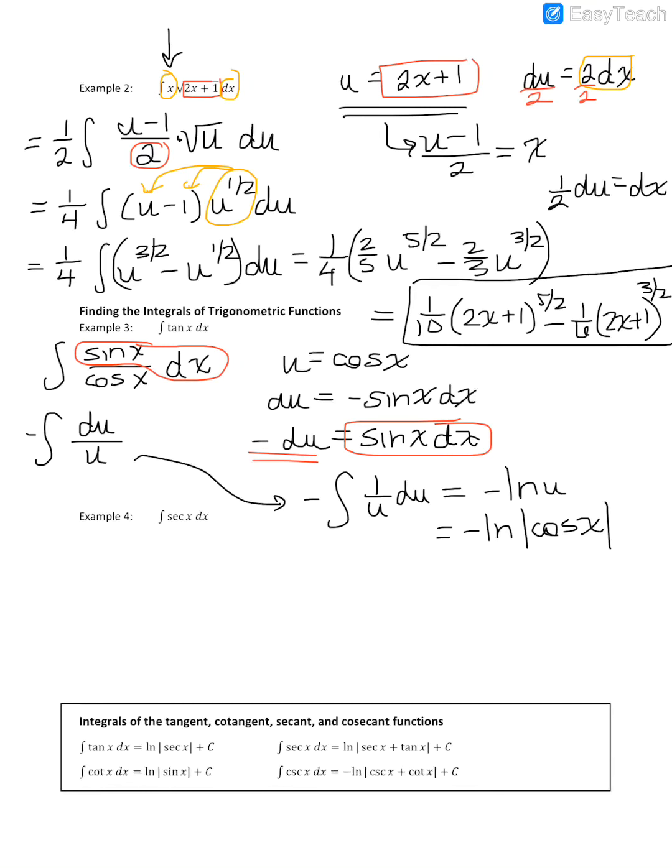And notice you do want absolute value symbols because you cannot have the natural log of a negative. So whenever we have something happening like that, we want to do that. One quick thing before I circle this. Since it's a negative natural log, another way of writing this: do you remember what happens when we have a natural log or a log and we have something out in front, like a coefficient, in this case a -1?